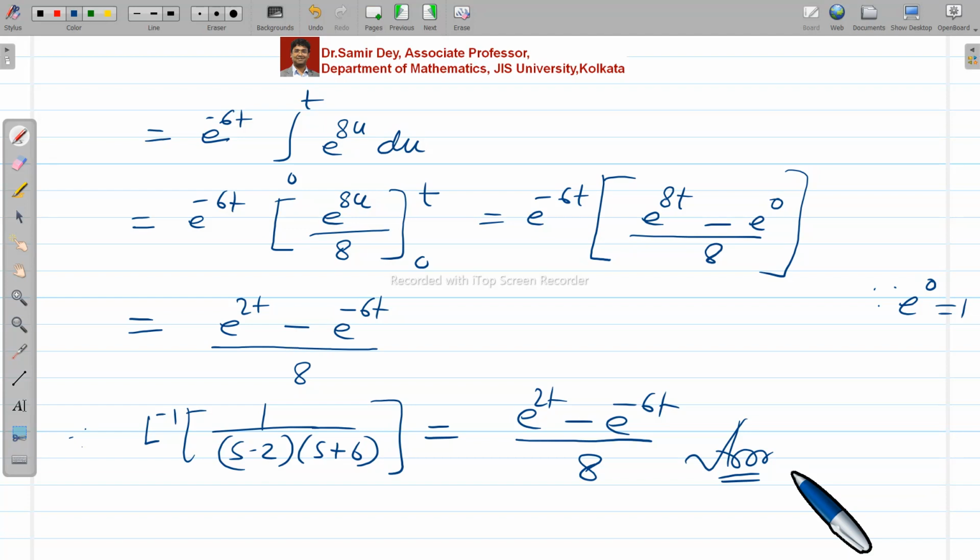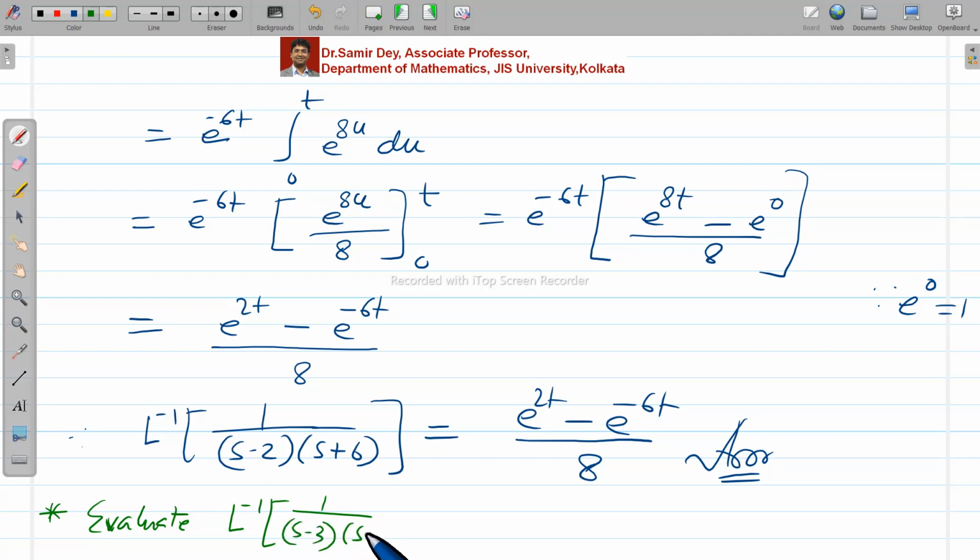Okay. If possible, now you try to solve by the same process. Please try to solve the same: evaluate L inverse of 1 by (s minus 3)(s minus 7) using the convolution theorem.